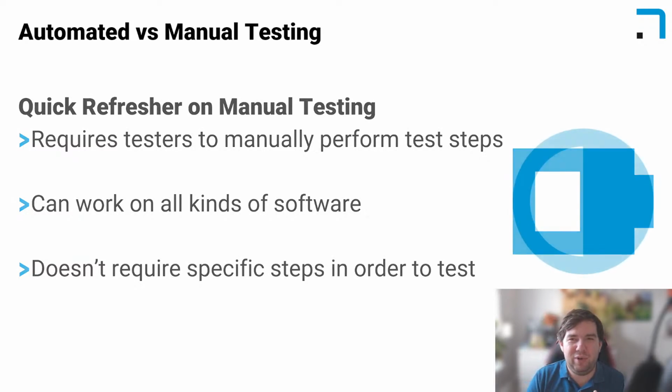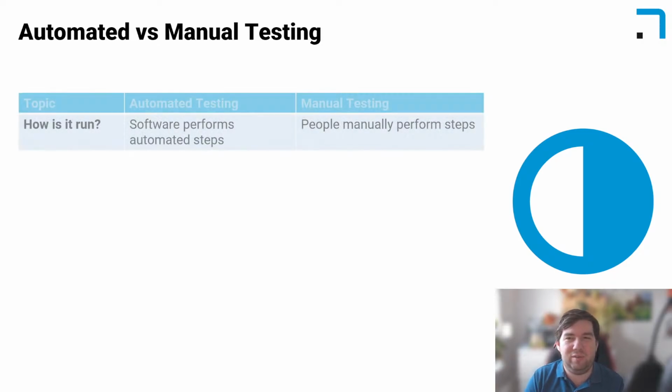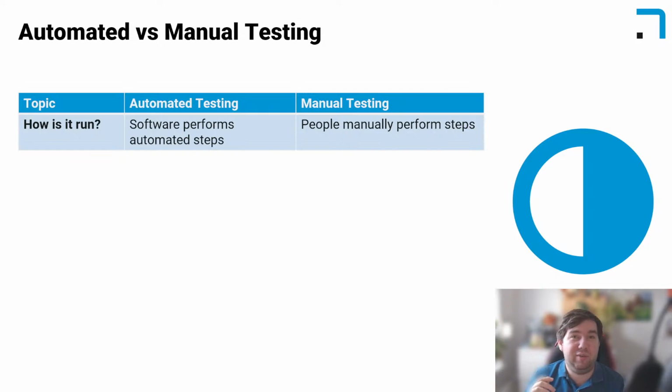So as for actually looking at automated versus manual testing, let's first look at how we run the two different kinds of tests. Well, in automated testing, as the name implies, the software performs these kinds of steps. We normally use a testing framework of some kind to run the software ourselves, compared to manual testing, in which, well, we actually have people.